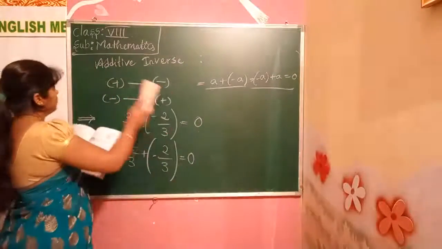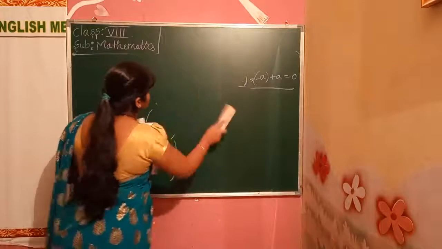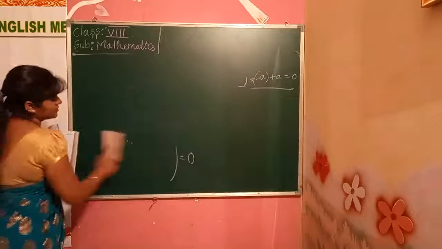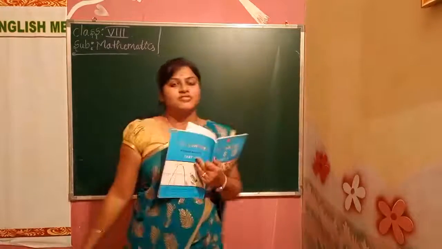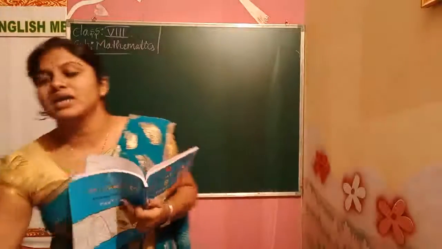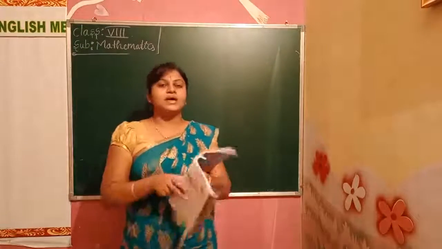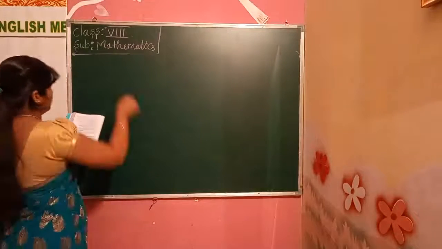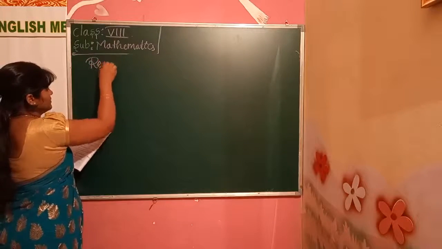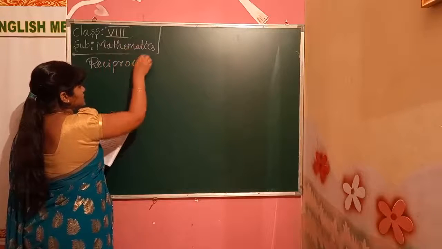Okay, children, we'll move on to the next property, that is the reciprocal of numbers. Reciprocal means making the reverse of a number. These all will come in rational numbers, children.